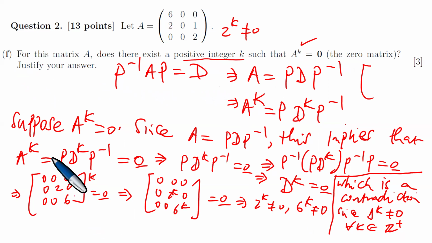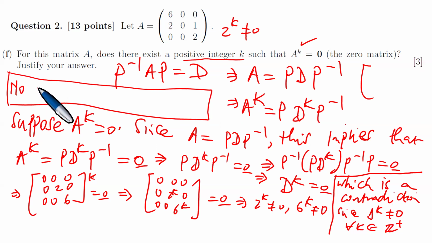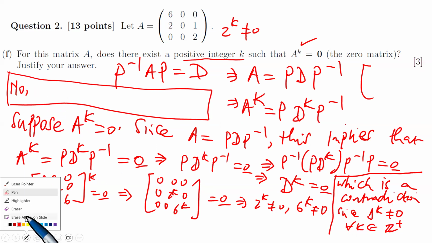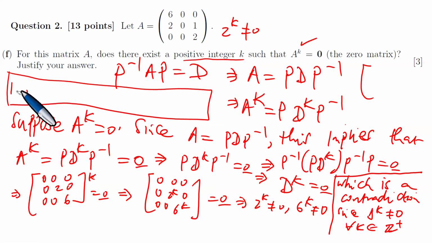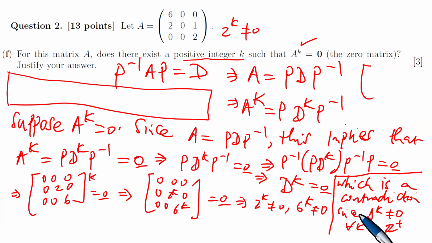So you can put the conclusion here and say there's a contradiction. Hence no such k exists. That concludes it, because we've already said that there's a contradiction there.